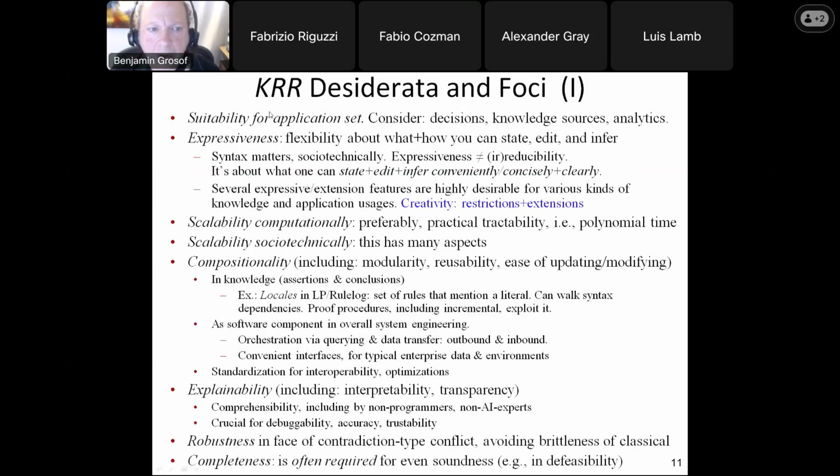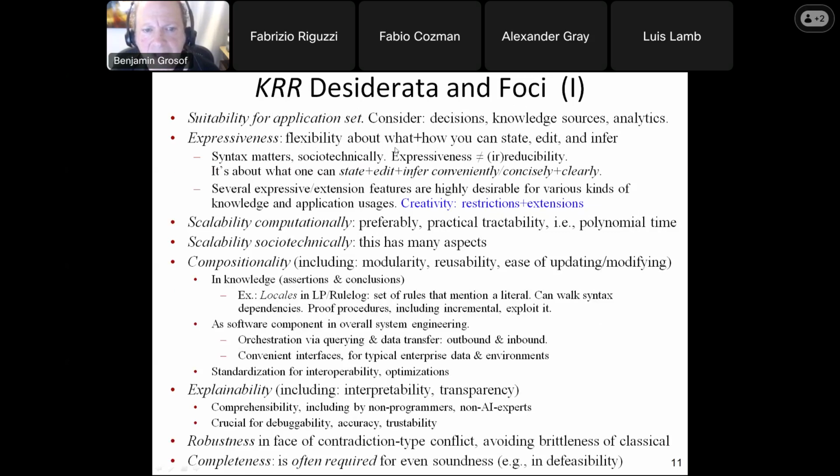So when we think about desiderata for KRR, especially in itself, but also for purposes of being neurosymbolic or generally learning and reasoning, there are some important foci here. Of course, it has to be suitable for a set of applications, so considering decisions, knowledge sources, and the kinds of desired analytics.